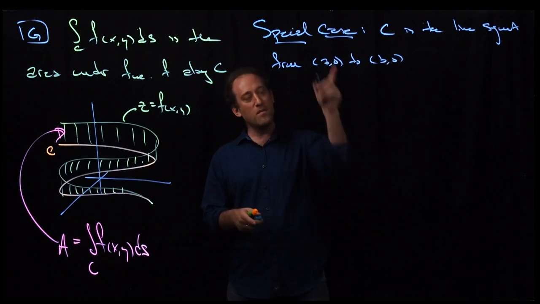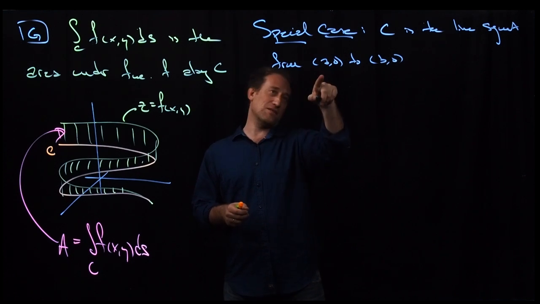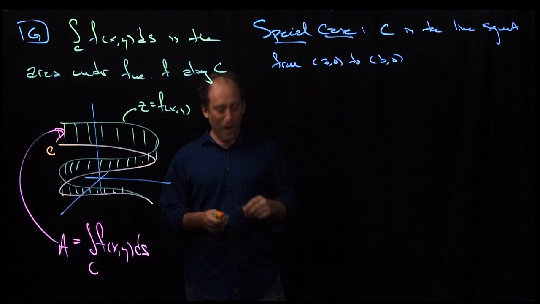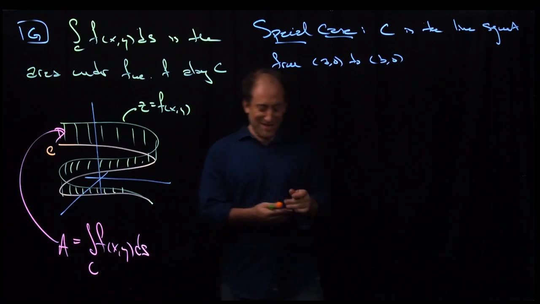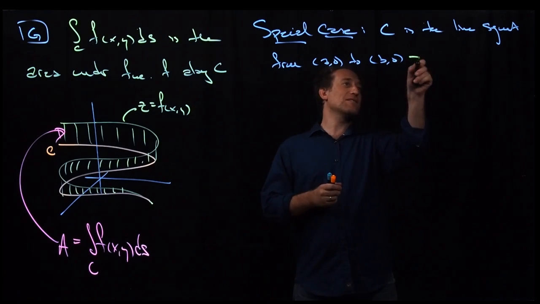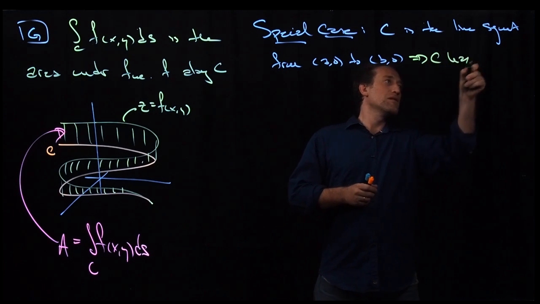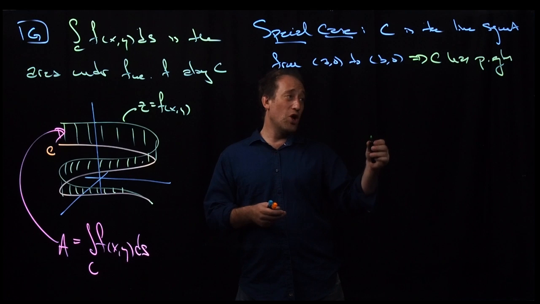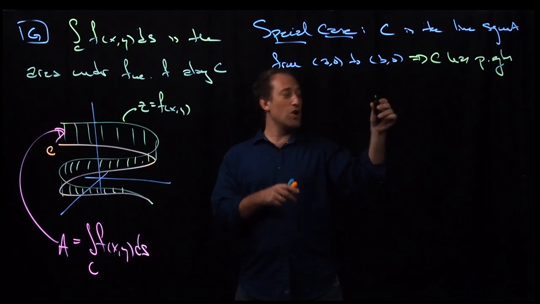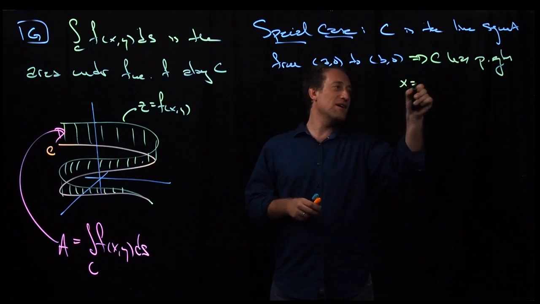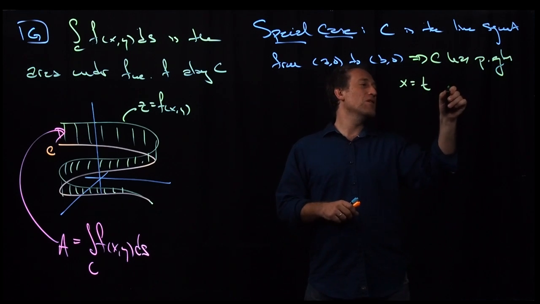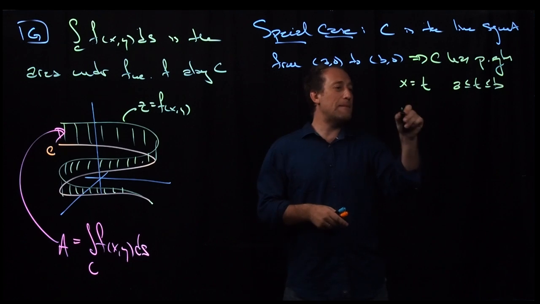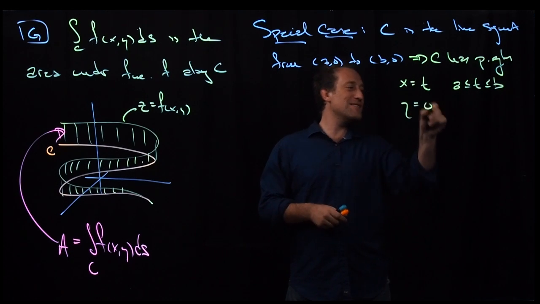So it's from the x-intercept A to the x-intercept B, all the while y is 0. In this case, C has parametric equations. Well, y will always be 0, and x will go from A to B, so I can say x is t, where t lies between A and B, and y is 0.